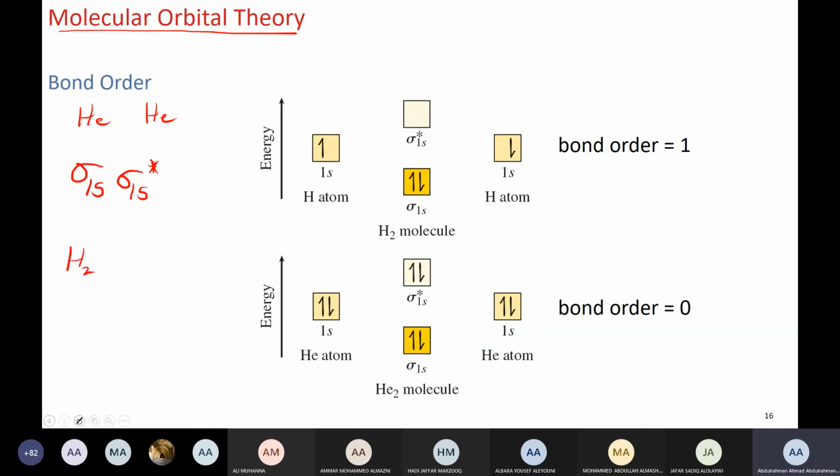If we have H2, for example, how many valence electrons are we going to have in the H2 molecule? What's the valence of each hydrogen? 1. So H2 will be what? 2. Where are you going to put them to make the shape? I will make them this only. All right. What will be the bond order?